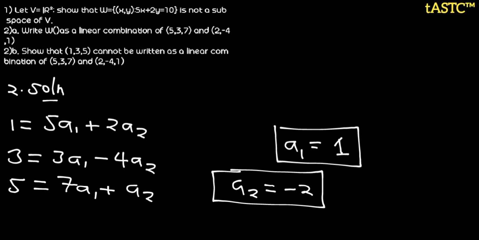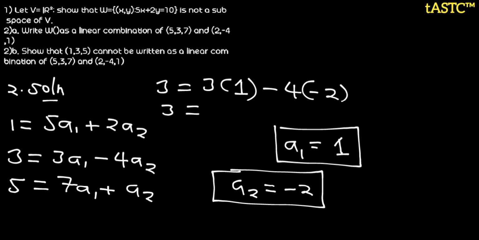Now let us move to the second. 3 is equal to 3 multiplied by a1. a1 is 1. And here we have a minus 4 multiplied by a2. a2 is a negative 2. So this is going to be 3, and 3 multiplied by 1 is 3. Now if you had a negative 4 multiplied by a negative 2, that is going to give you plus 8.